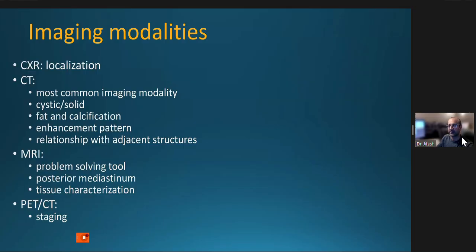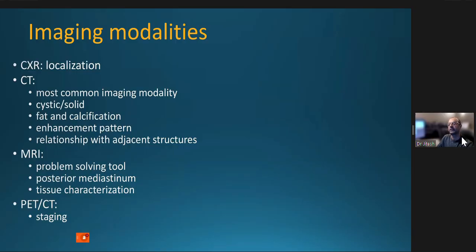CT can help us identify calcification within the mass, presence of fat, and most importantly, whether these masses are cystic or solid. We can see the enhancement pattern of these masses, which can help to decide if the mass is hypervascular or not, because there are different differential diagnoses for the hypervascular masses.